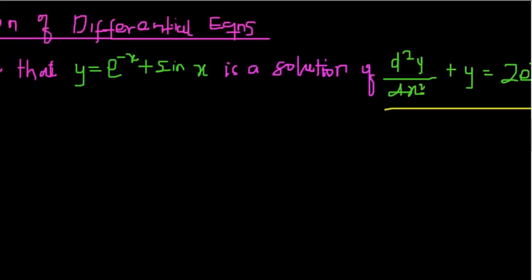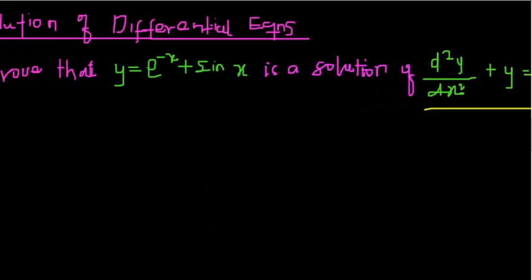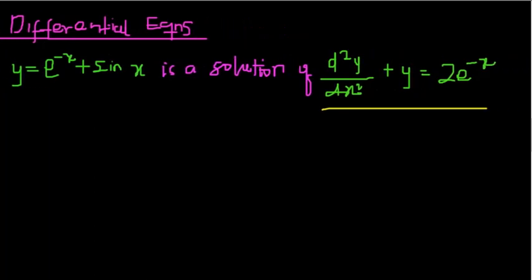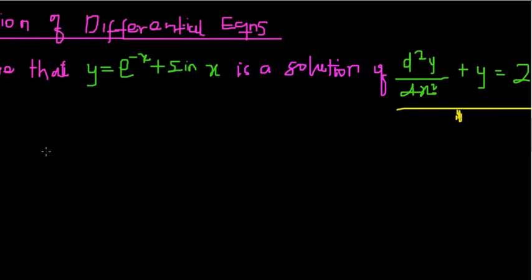So let's find out how you could find or prove the solution of this differential equation. First, you have to know that you've been given the solution, so you know that the solution is equal to this.